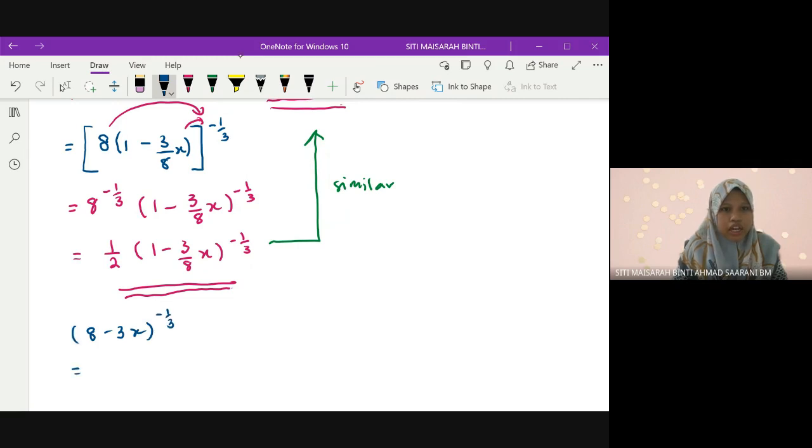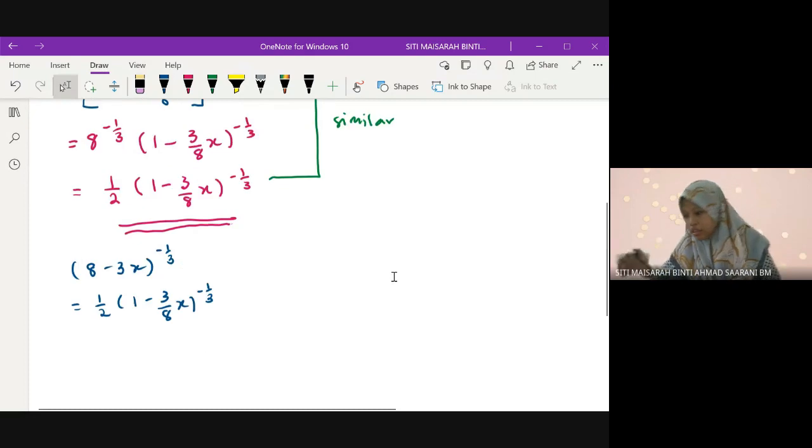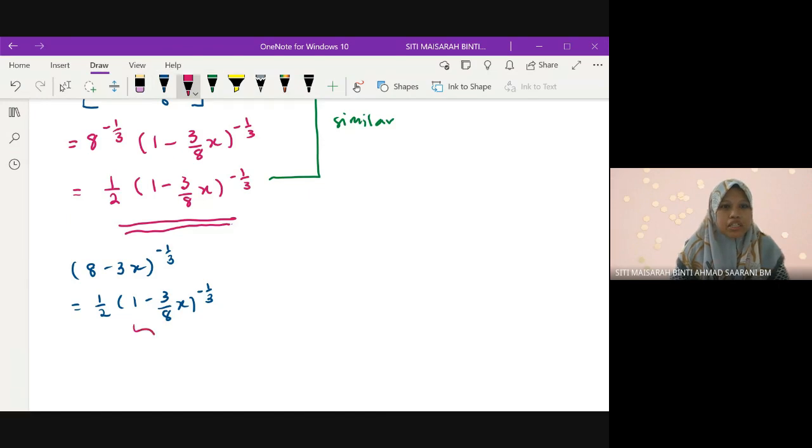Then earlier we already factored, this becomes 1/2 multiply 1 minus 3/8x power negative 1/3. Then we want to expand only this one. The one in front remains as 1/2.